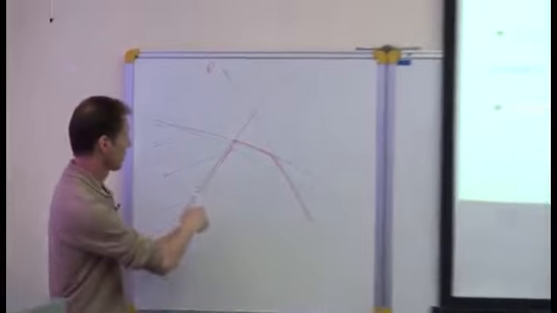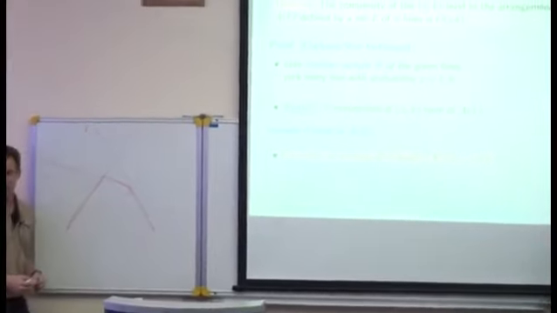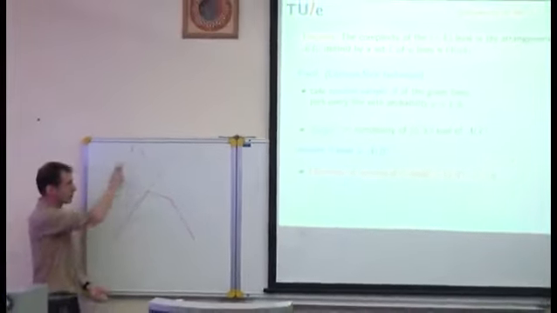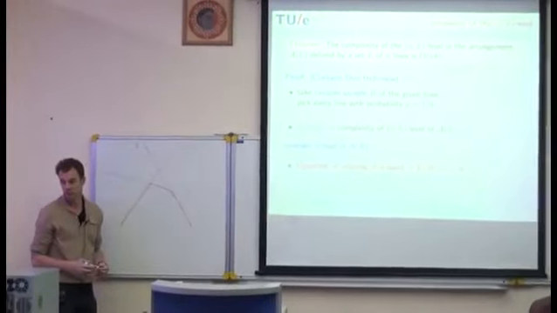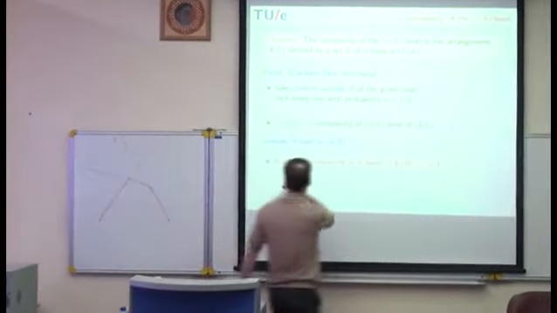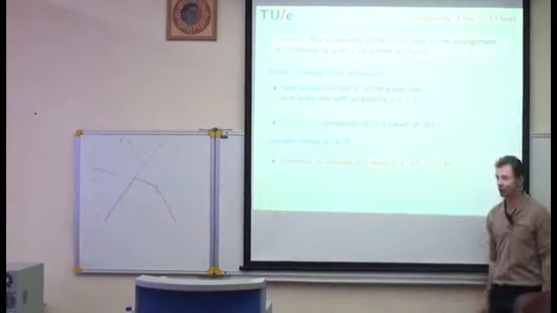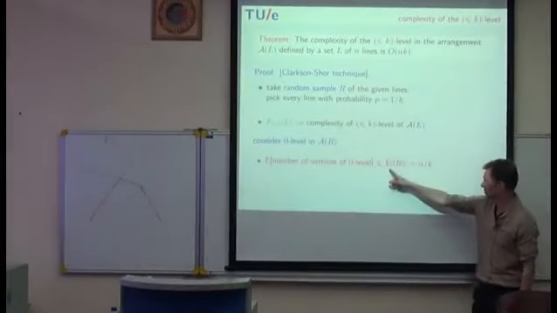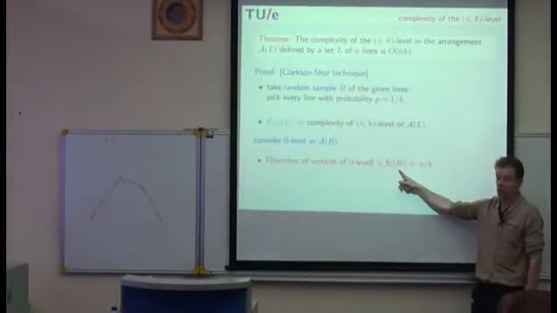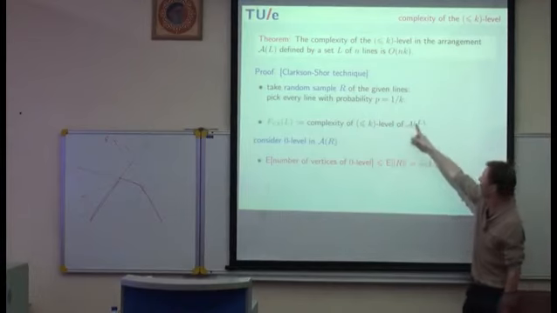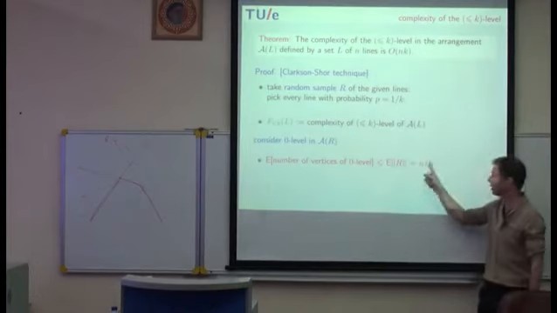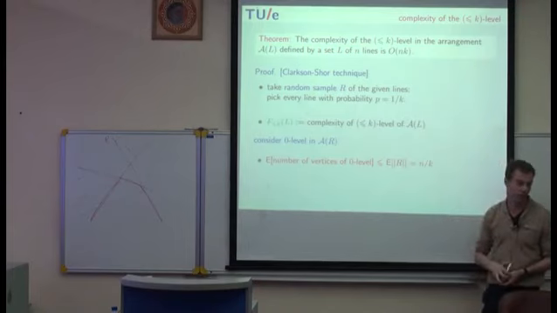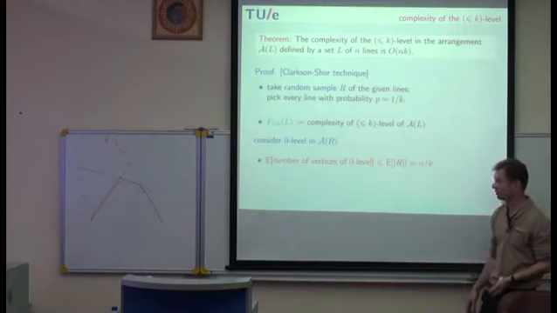We know that the 0 level, if I have a set R, the complexity is at most the number of lines in R. So the expected number of vertices of the 0 level is at most the expected number of lines in my sample. If I pick every line with probability 1 over k, I expect to have n over k lines. Okay, so this is the first thing.